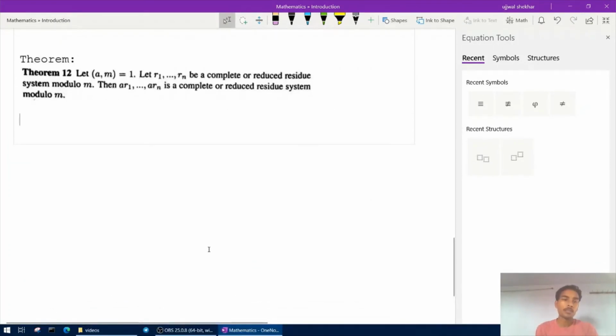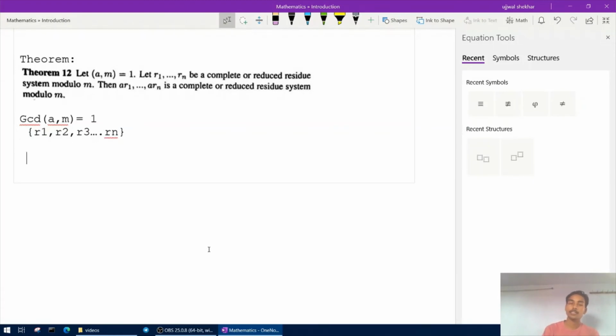तो अब एक थ्योरम देखते हैं. This theorem says that let's say we have a and m as integers and GCD of a comma m equals 1. Let's say they both are co-prime and there is a reduced or complete residue system r1, r2, r3, up to rn. So we have this complete or reduced residue system.